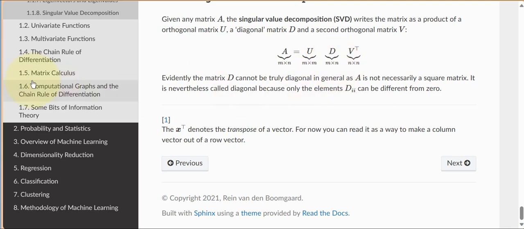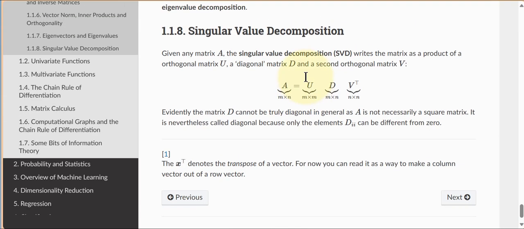It just means that the elements d_ii along the diagonal, although it doesn't necessarily reach the bottom part, are the only non-zero elements in the matrix D. This is a little different than before.